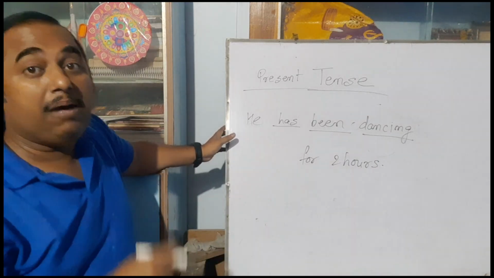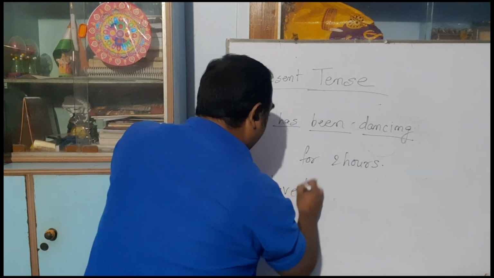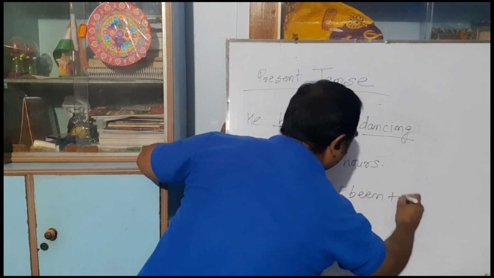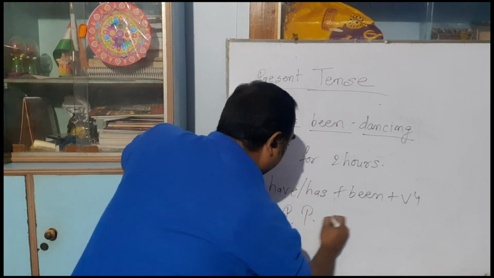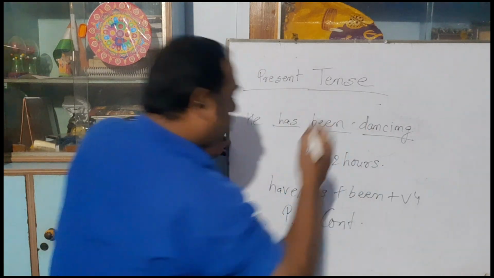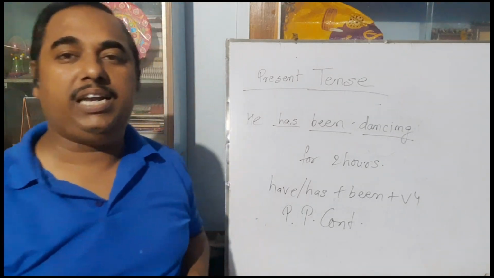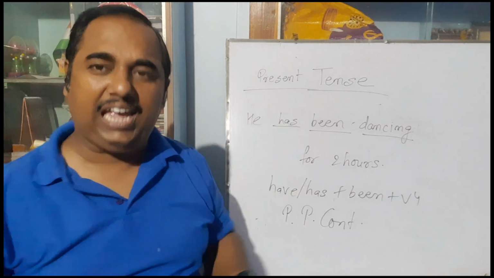Have or has plus been plus V4. I have taught you have or has plus been plus V4. It will be present perfect continuous tense. So it's very easy to understand about the present tense. If you see the sentence, you can easily understand which kind of tense that is.